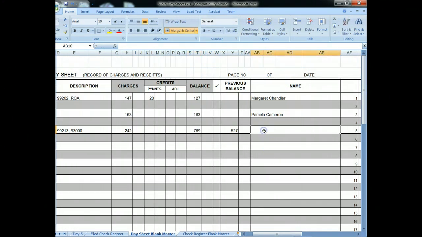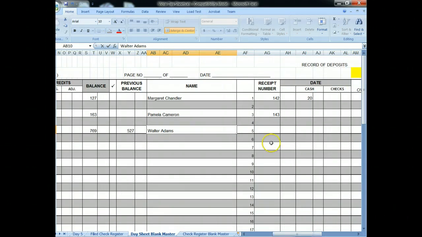So we'll put Walter Adams. Now, again, if you want to put the receipt number, it's 242.